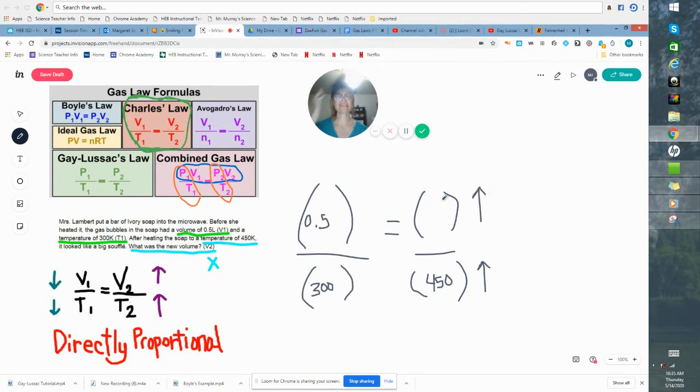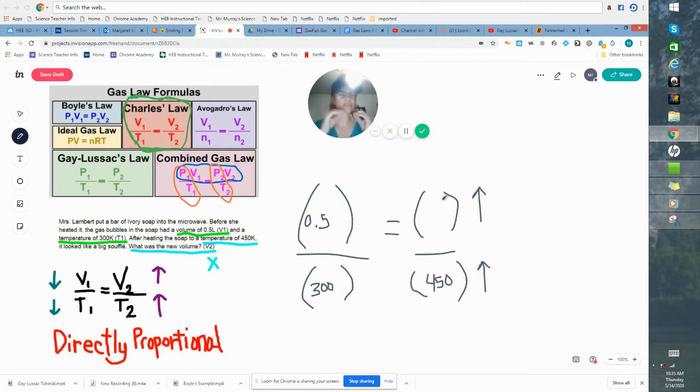I'm just estimating, and let's think of it in money: 0.50 would be 50 cents. Half of 50 cents is a quarter, which is 0.25. 0.5 plus 0.25, or 50 cents plus a quarter, would give me 75 cents. So my hypothesis is that my volume is going to be 0.75.